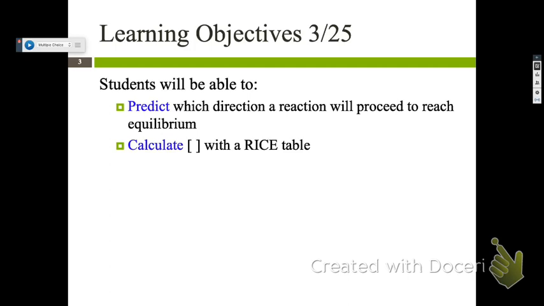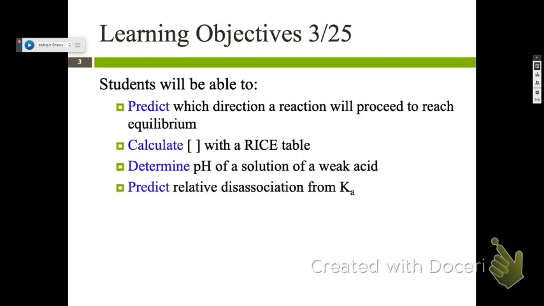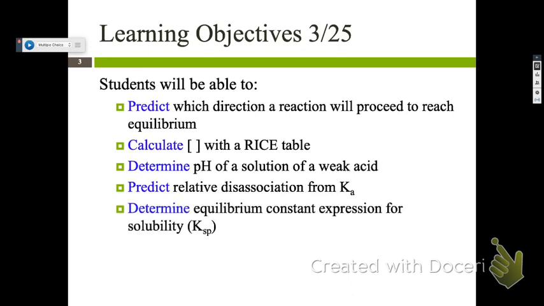We are going to be doing some ICE tables with the reactions in order to calculate equilibrium concentrations, and use that to determine the pH of a solution. And we're going to then talk some about equilibrium constants for acids, solubility, and molar solubility. So calculating and then thinking about that. Basically all this is equilibrium constants, and I want to show you a couple different examples of where we can use these.